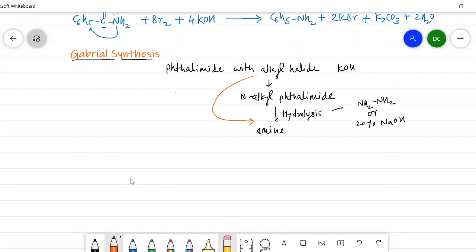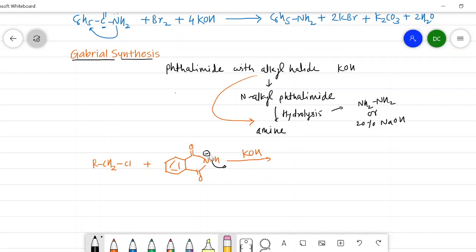Now we will take the general reaction here. RCH2Cl, alkyl chloride, plus phthalimide, or here I will write NH, then C double bond O, NH. In presence of alkali, that is KOH, what happens? This KOH abstracts this hydrogen, and the nitrogen becomes negatively charged.